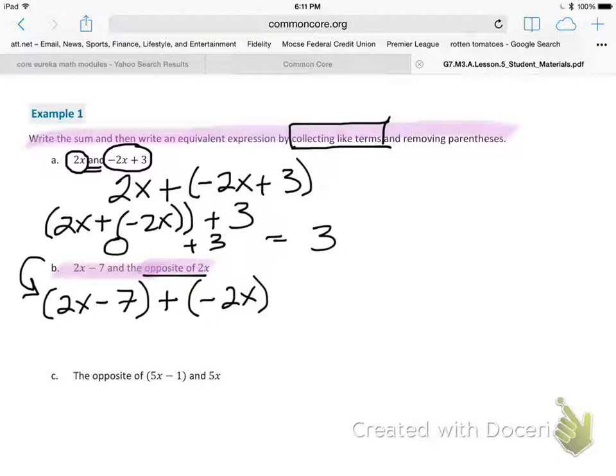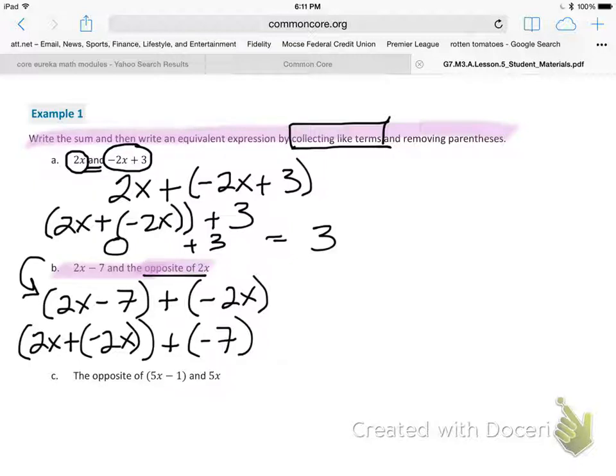Okay, so again, if we wanted to collect everything over here, we would have our 2x, and we can add our -2x to it, which is sitting at the end there, and of course we would then add the -7. We're moving stuff around: commutative property, associative property, changing order, moving location.